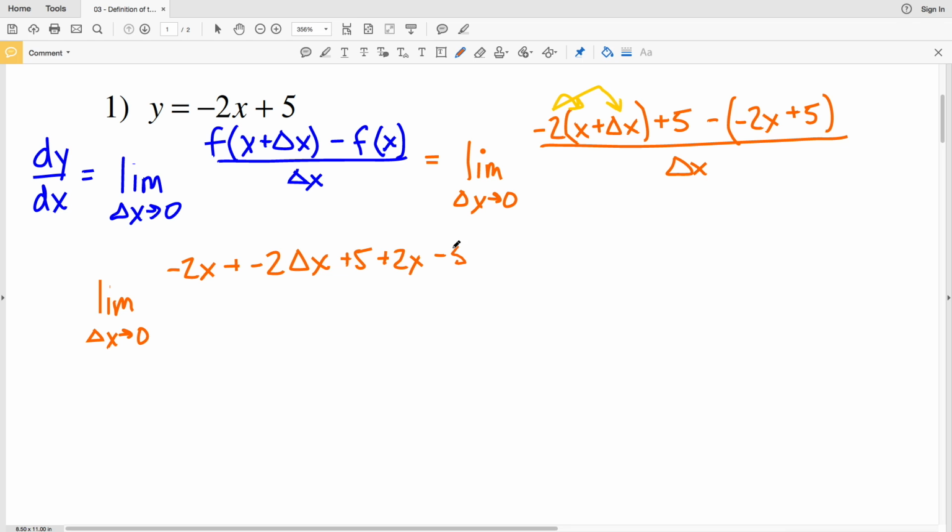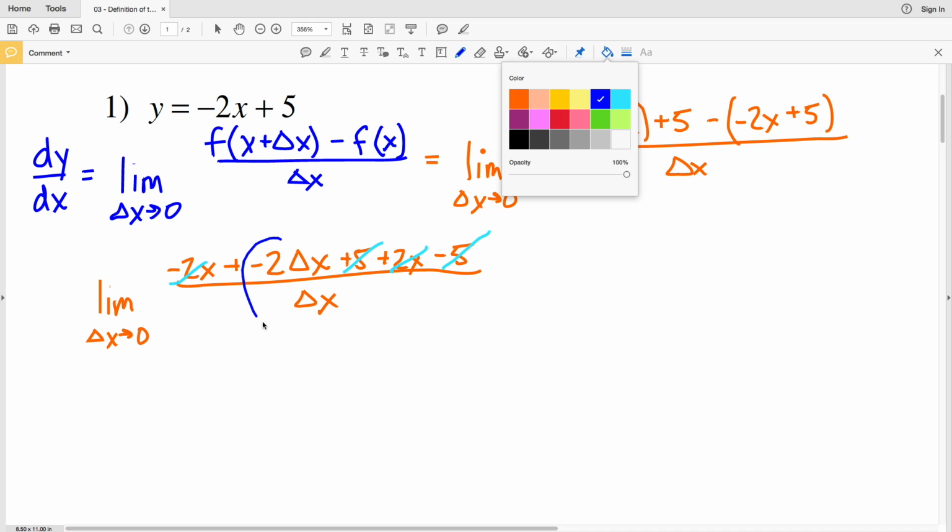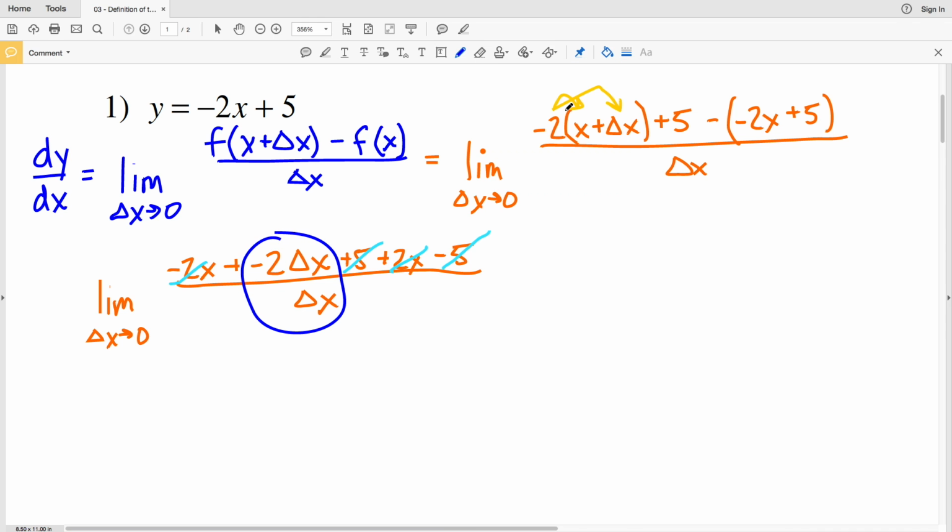And this is all over delta x. So you'll see that negative 2x plus 2x is 0 and 5 minus 5 is 0. So all I have is negative 2 times delta x over delta x. But if this is all I'm left with, you'll see that delta x cancels out with delta x.